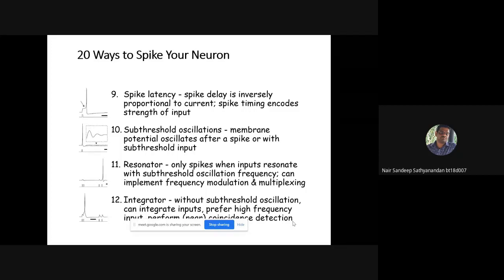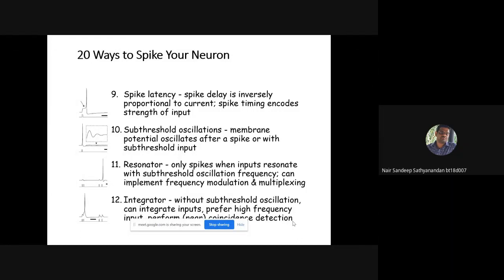And there are sub-threshold oscillations. The neuron does not only give an action potential type of response, it also exhibits sub-threshold oscillations. We can control our parameters in order to exhibit the sub-threshold oscillations. Then the resonator. The spikes happen when the current input resonates with the subthreshold oscillation.